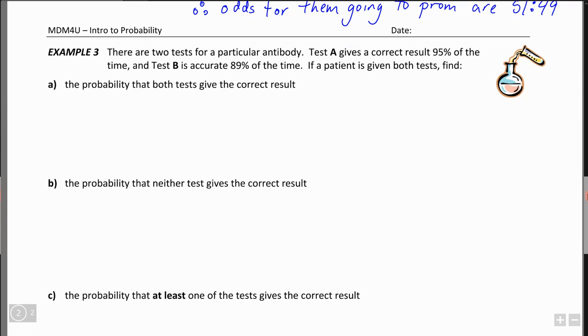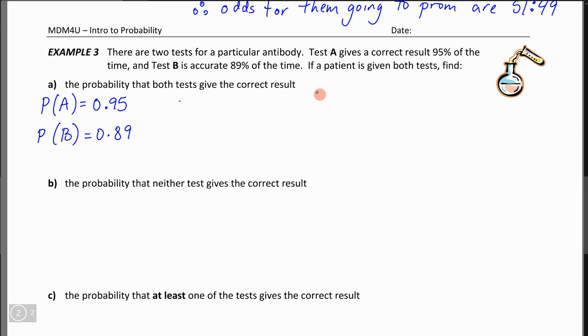Okay. Example number 3. There are two tests for a particular antibody. Test A gives a correct result 95% of the time, and test B is accurate 89% of the time. If a patient is given both tests, find the probability that both tests give the correct result. The probability of test A is 0.95, and the probability of test B is 0.89.